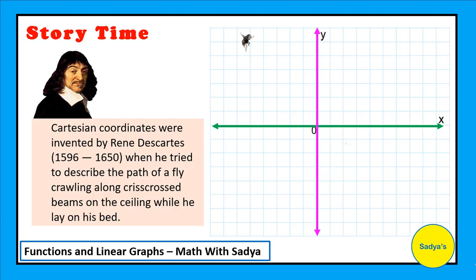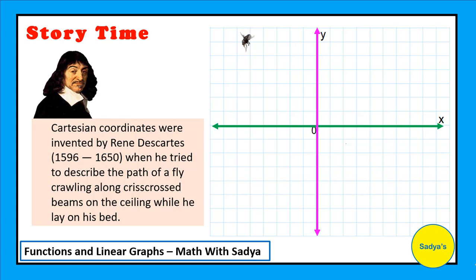Once René Descartes fell ill and he was lying on his bed when he observed a fly. He started noticing the motion or the movement or the path of the fly. The ceiling of his room had some sort of square patterns, and he started observing the movement of the fly.